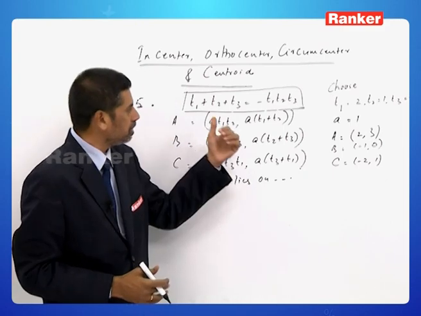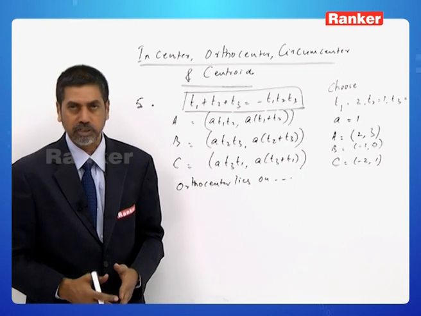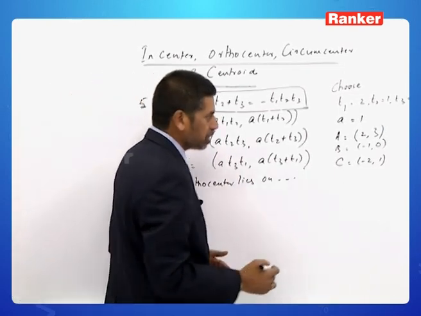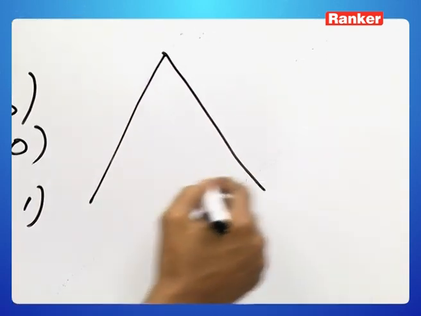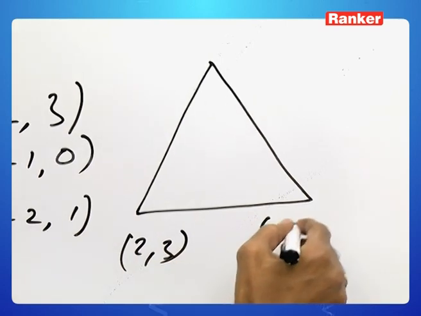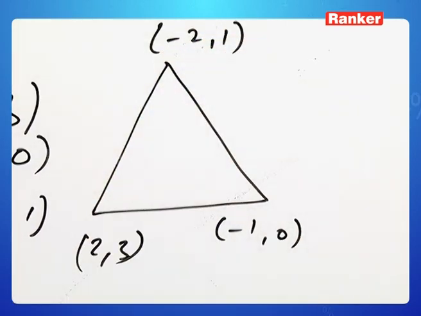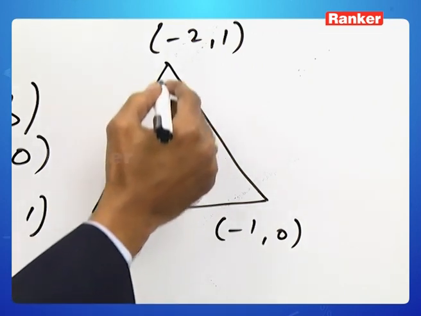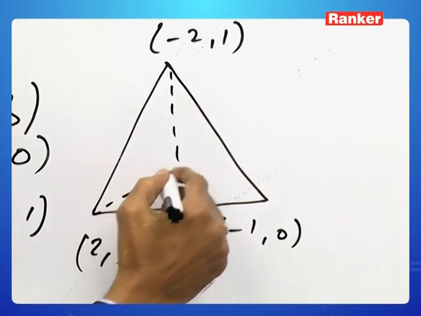Well, because T1, T2, T3 are general parameters, it should work for any combination of the parameters. So let us draw this figure and see how it looks like. So let's say this is 2, 3, minus 1, 0, minus 2, 1, right? And orthocenter will be the point of intersection of any two altitudes.